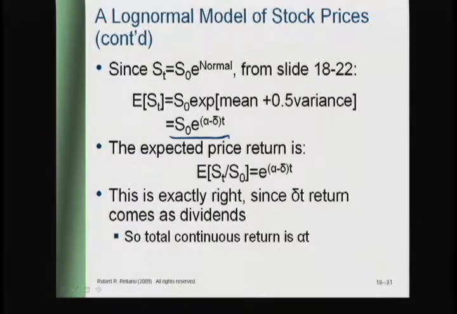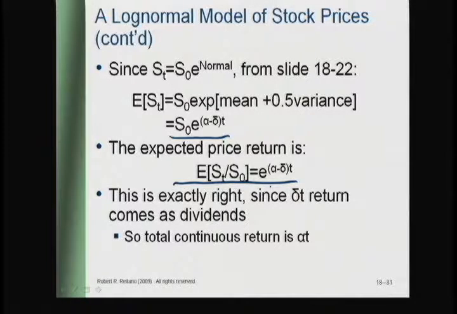The answer to the apparent mystery is that the expected return, the expected ratio, is e to the alpha minus delta times t.